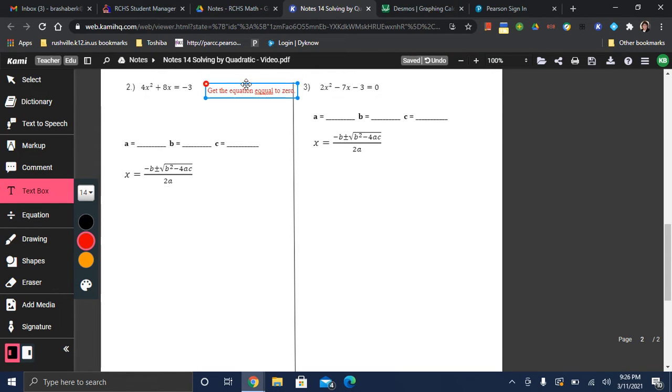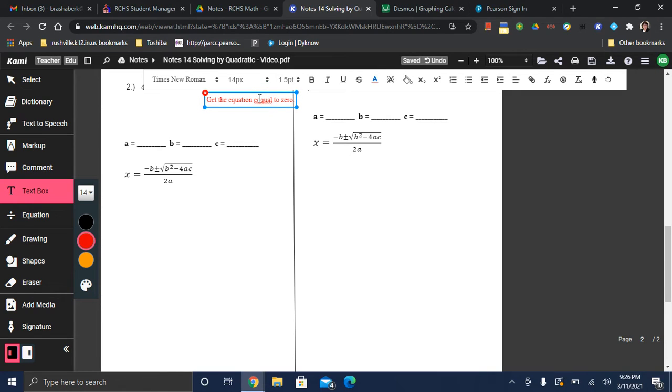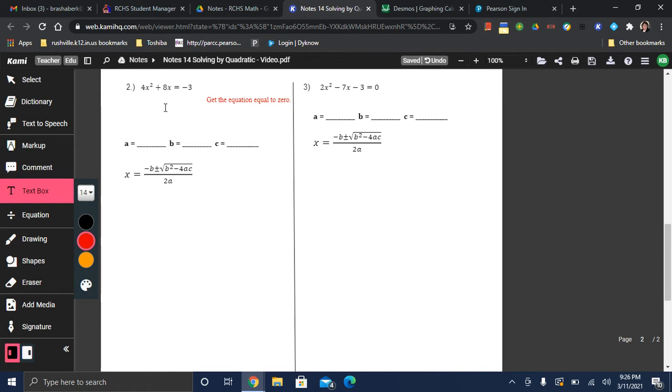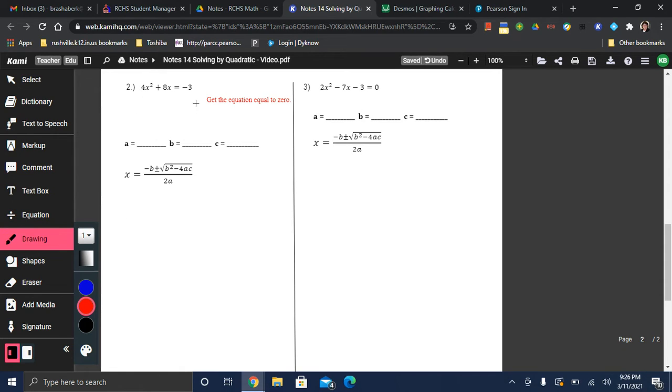Let me scoot that box down just a little bit. So get the equation equal to 0. Now, to do that, you're going to need to move the 3 from the right side of the equal sign to the left side of the equal sign. So here's your equal sign. And so we're going to do the opposite of minus 3, which is to add 3. Now we're going to add 3 to both sides of the equal sign.